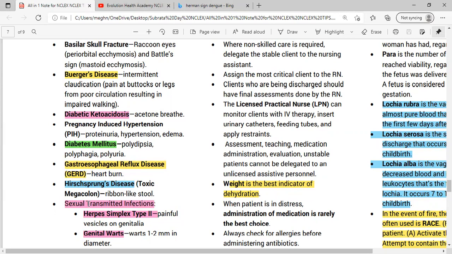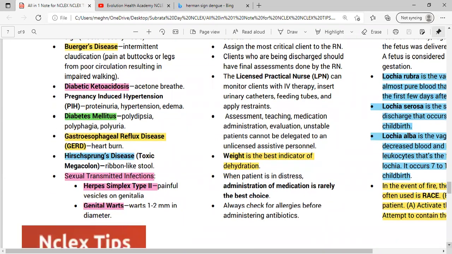In case of sexually transmitted infections, if the STI is herpes simplex type 2, patients complain of painful vesicles on the genitalia. In case of genital warts, the warts are 1 to 2 millimeters in diameter.